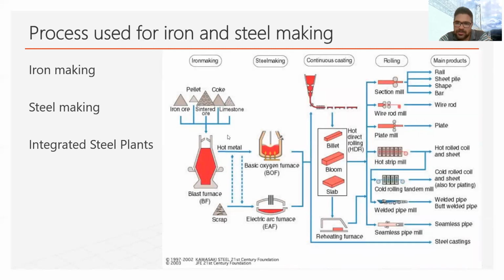If I talk about the integrated steel plant, today most of the structural steel is made in these integrated steel plants using the BOS process. Now BOS is the basic oxygen steel process. It is being shown in the figure.